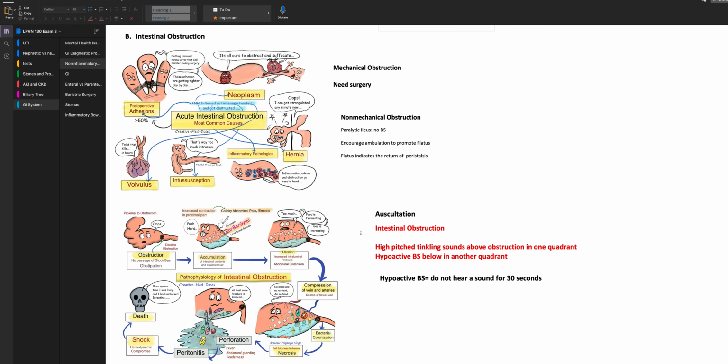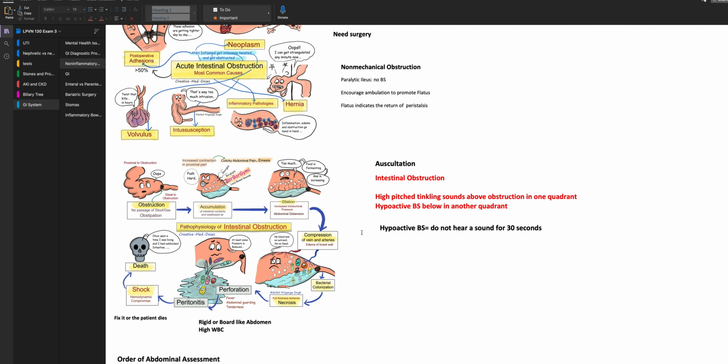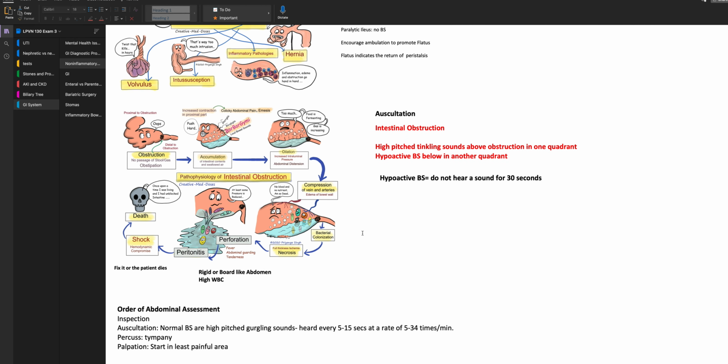A hypoactive bowel sound means you do not hear a sound for 30 seconds. That's the definition. Now, with peritonitis, I've gone over this a lot, but it's important because your patient can die from it. They're going to have a rigid, board-like abdomen, a high white count, tenderness with guarding, abdominal distension, and a fever, okay? So you fix it or the patient's going to go into shock and then die.